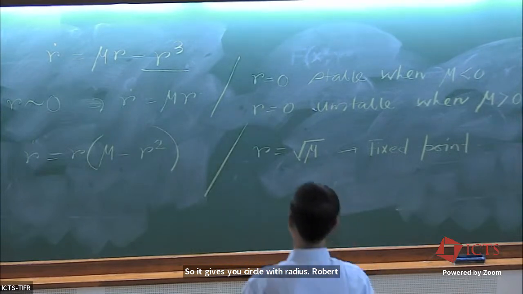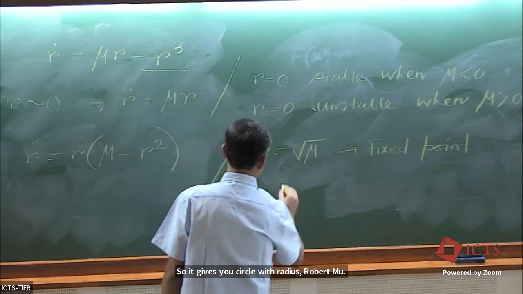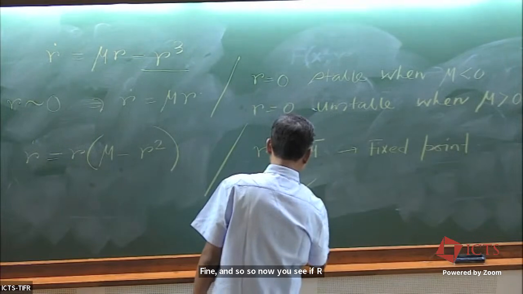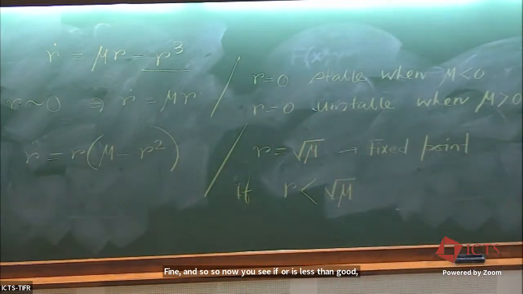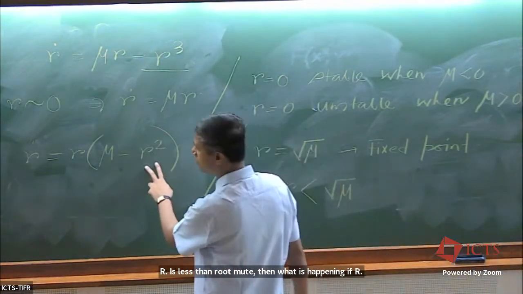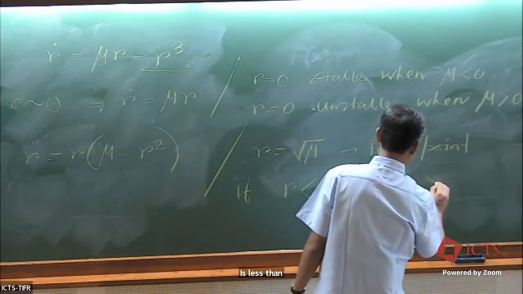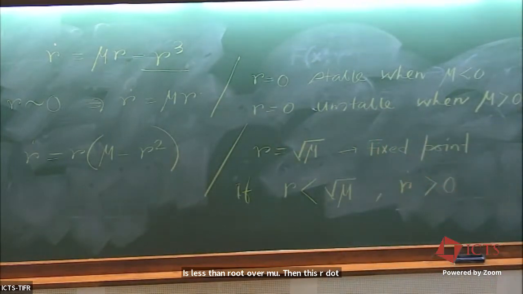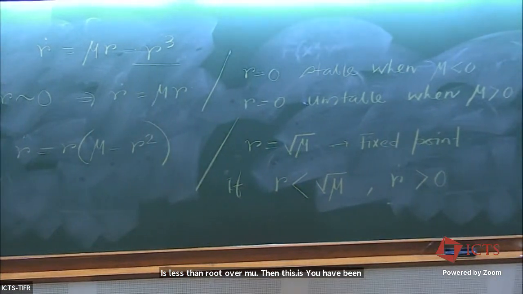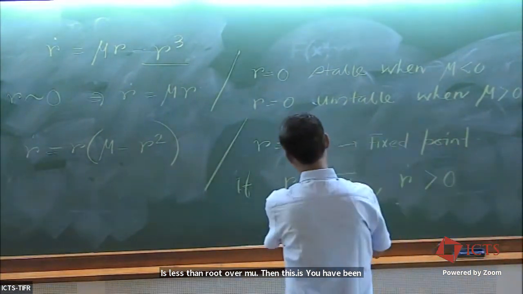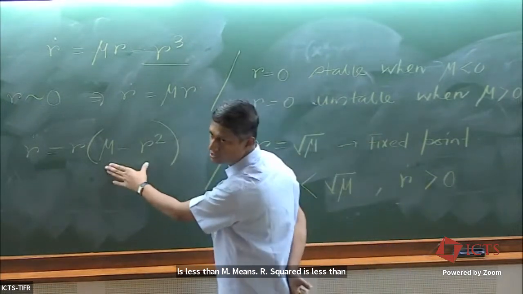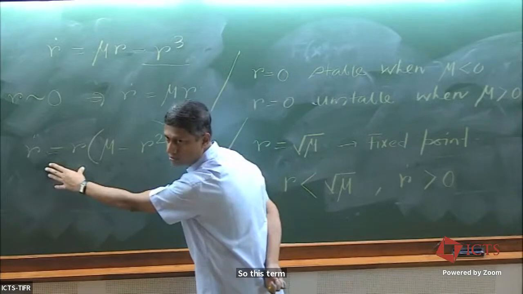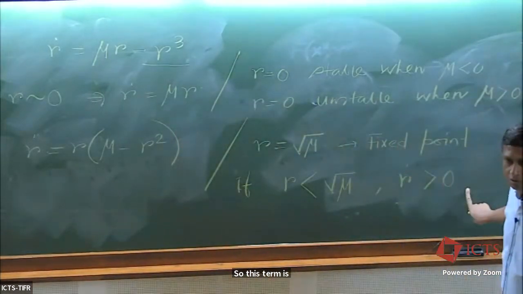And so now you see if r is less than root mu, then what is happening? If r is less than root over mu, then this r dot is greater than 0, because if r is less than root mu, it means r square is less than mu, right? So this term is positive, so r dot is greater than 0, right?